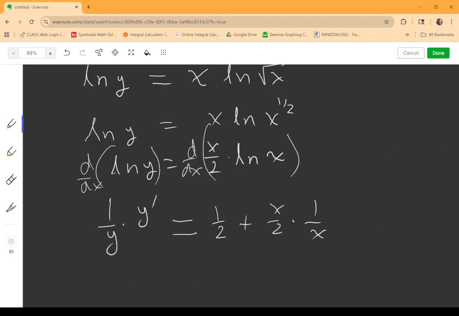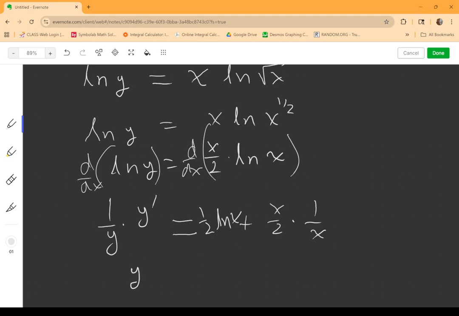And you see why it's helpful to get the root out of there? Because if it wasn't there, I'd have to use the chain rule, so it just saved me a step. Then 1/2 and then leave the other function alone, ln of x. Okay, so now we have the product rule there for x over 2 times natural log of x.